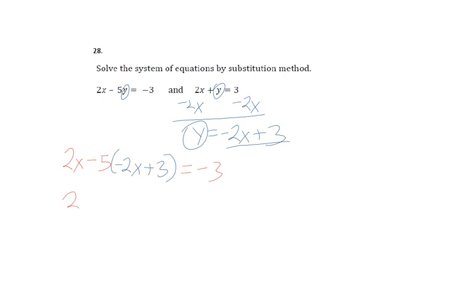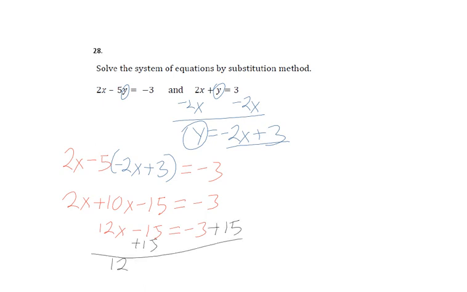So if we go through this, it's going to be 2x plus 10x minus 15 equals negative 3. 2 plus 10 is 12, minus 15 equals negative 3. We can plus 15, so 12x equals 12. And if you divide by 12, that means x equals 1.